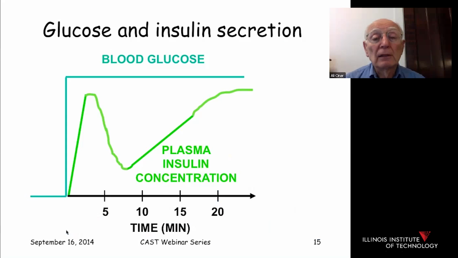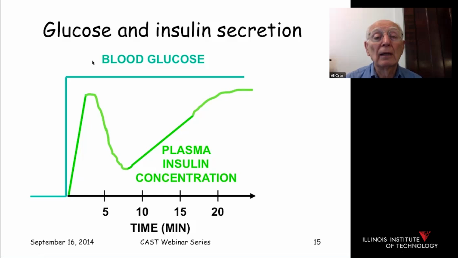And this secretion in response to a major change in the glucose concentration is first a sharp increase that you see. That's the increase caused by insulin that was already depoted in the system.